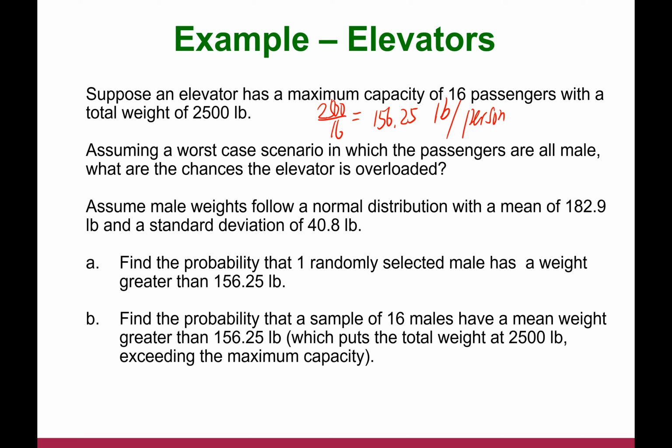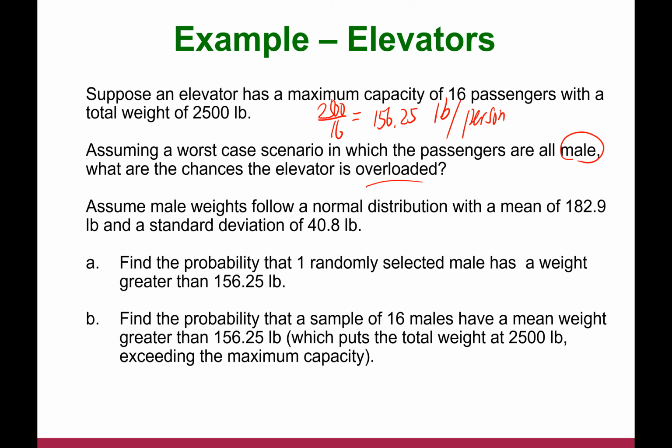Assuming a worst case scenario in which the passengers are all male, what are the chances the elevator is overloaded? If the total weight is above 2,500 pounds, that's overweight.